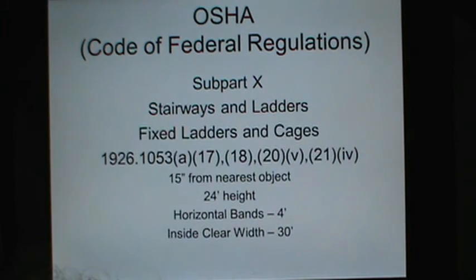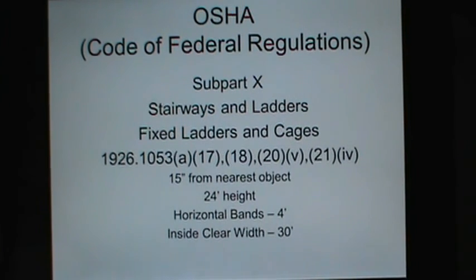Those fixed ladders that are provided with cages and wells, they have to have a cage or well if they're 24 feet in height. There you go. Or if the ground level is 24 feet from the top of the ladder. Read those couple of paragraphs carefully.